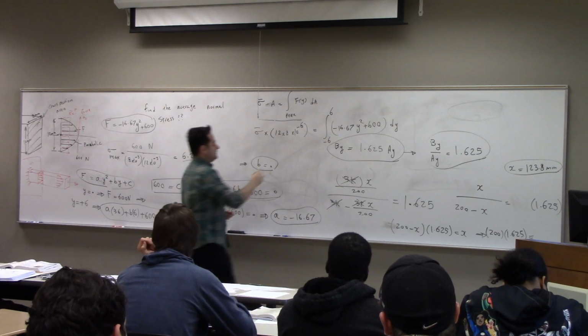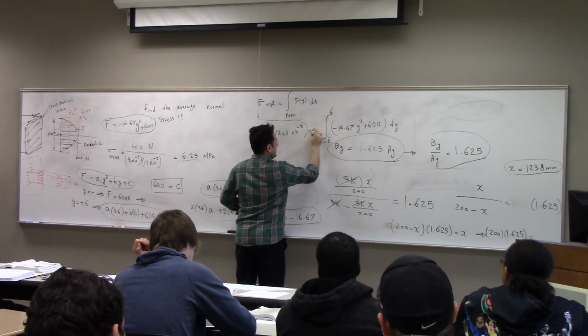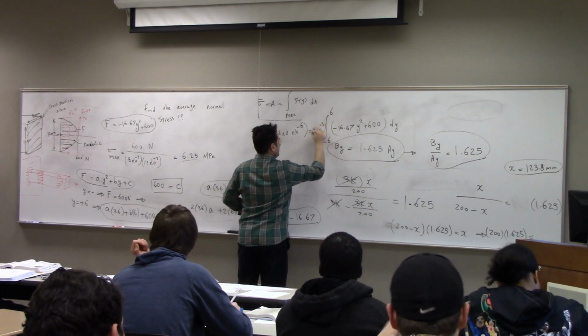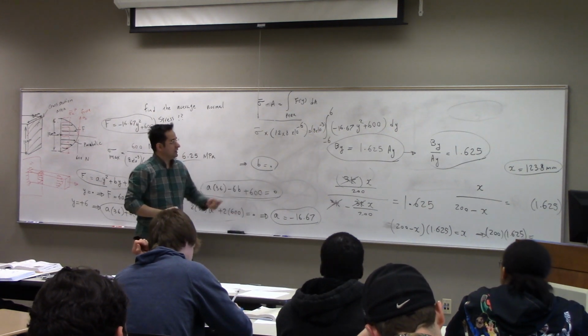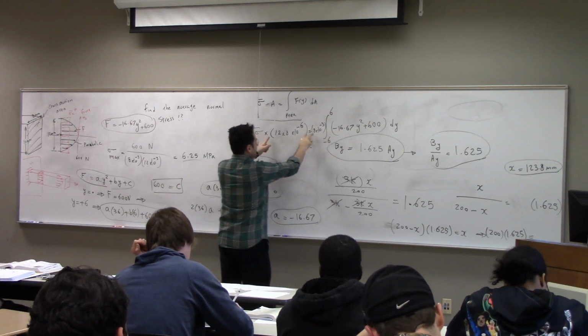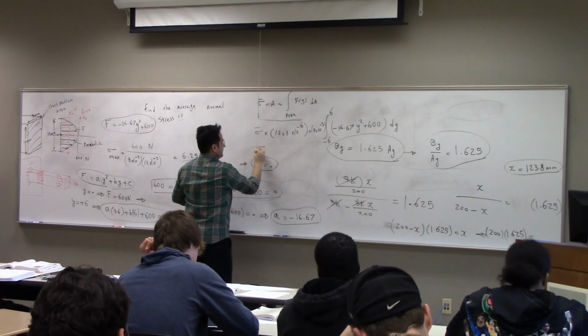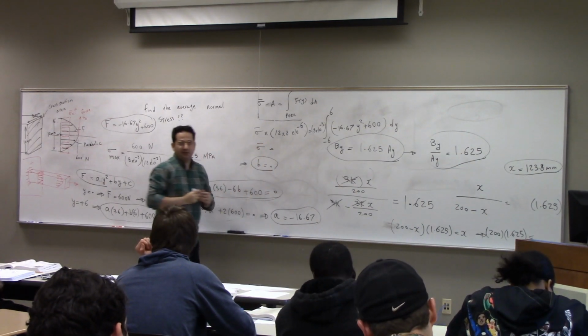So bring 8 here, 8 then to the negative 3. So compute that integral, divided by this area, you get sigma bar.